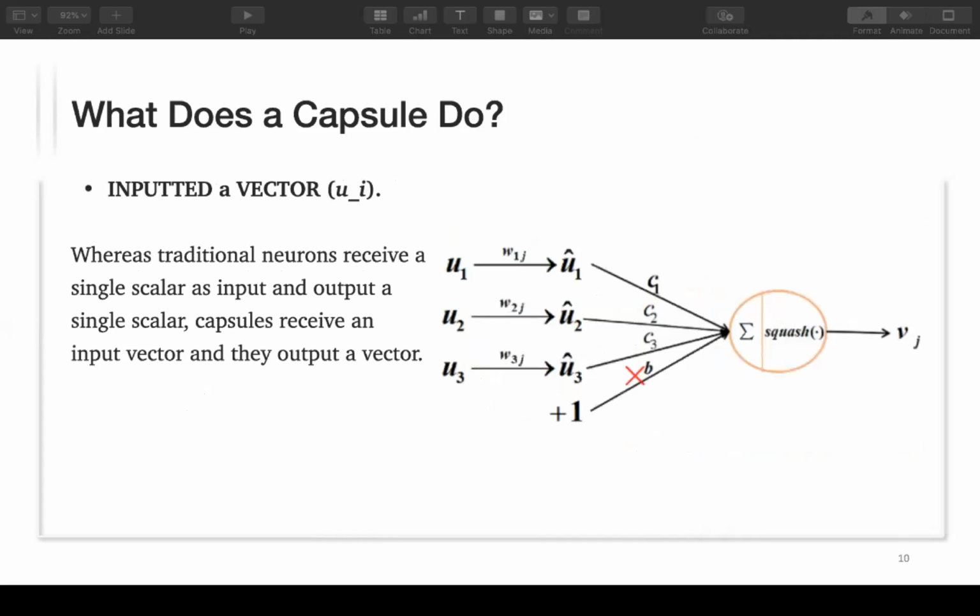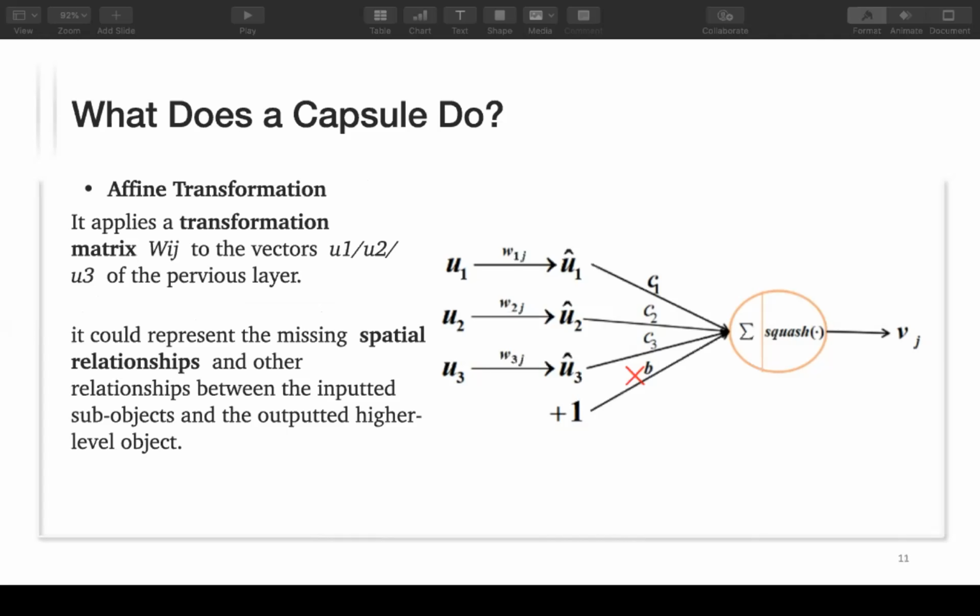But for a capsule, there are some differences. The first is that the input is a vector from each capsule. This is the first difference, and the second difference is that for each input vector, we multiply it with a matrix.